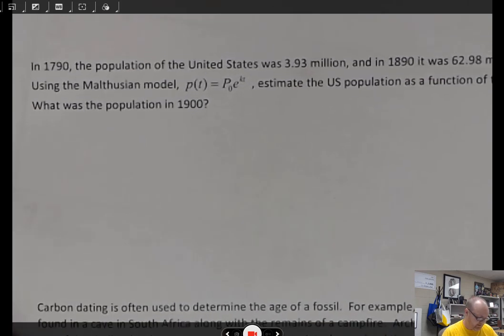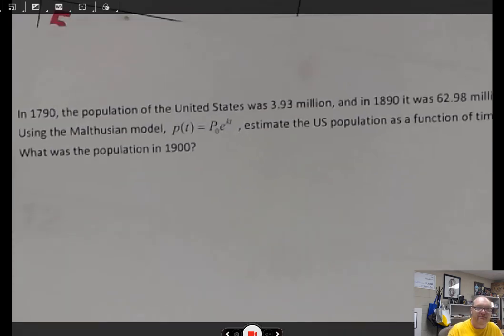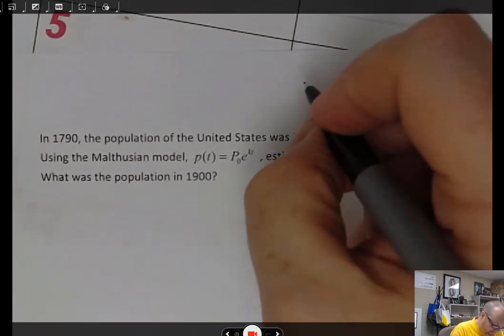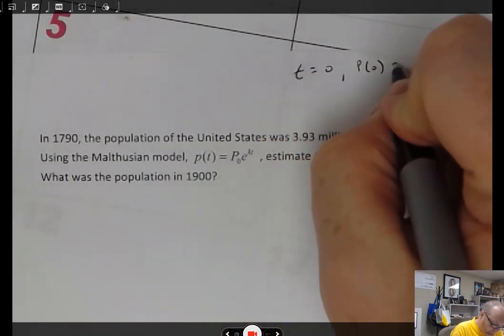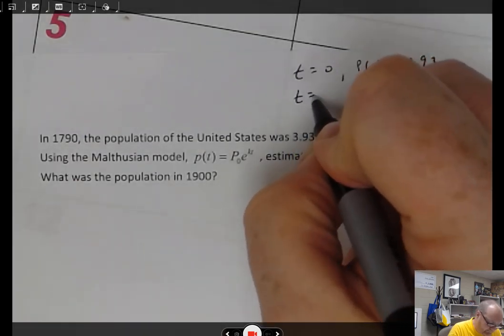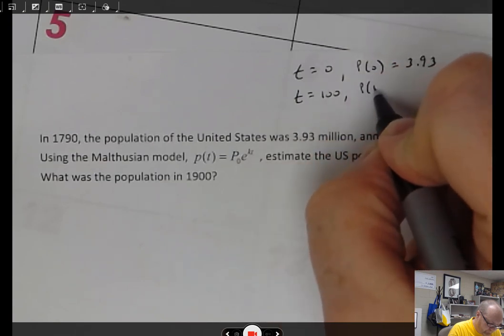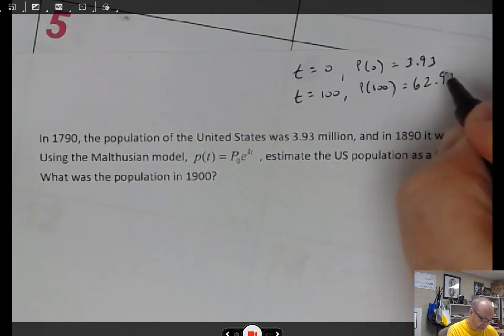Number one on the Lecture 8 handout says in 1790, the population of the United States was 3.93 million. So I'm going to let that be 0. In 1890, which is after 100 years, the population is 62.98 million.